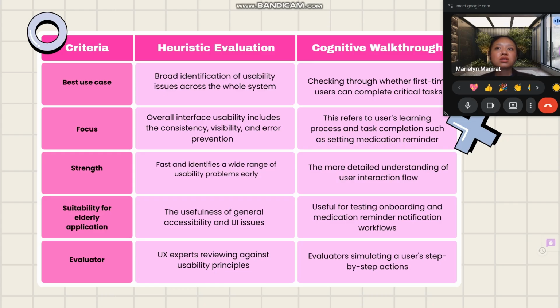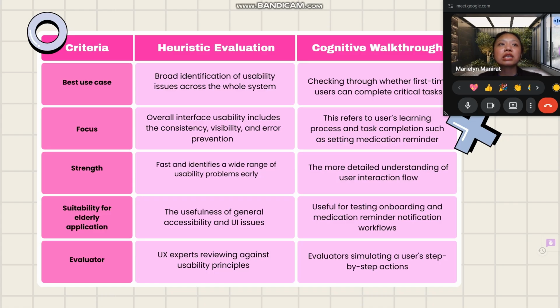The strength is almost similar to what we mentioned, but we will go into detail for this debate. The strength of heuristic evaluation is that it is fast and identifies a wide range of usability issues or problems earlier. But for the cognitive walkthrough, a more detailed understanding of the user interaction flows will be identified.